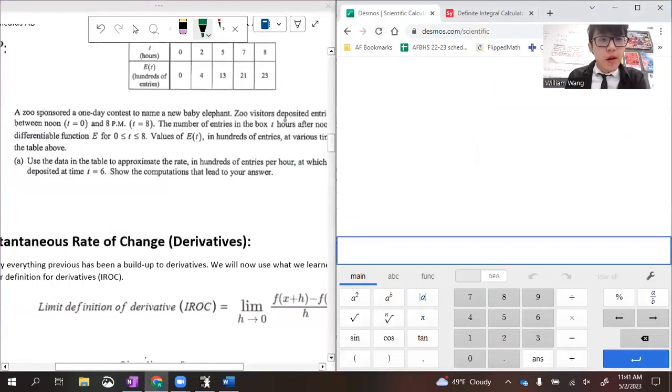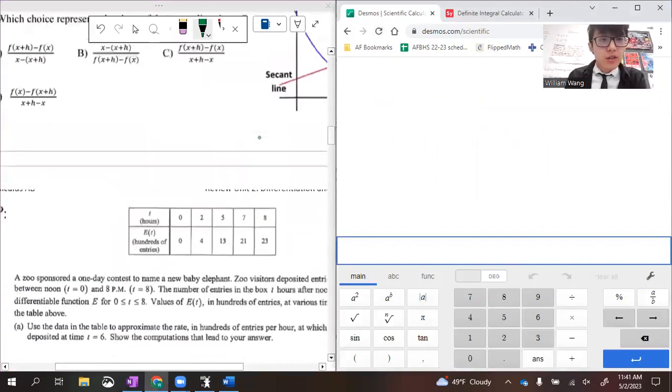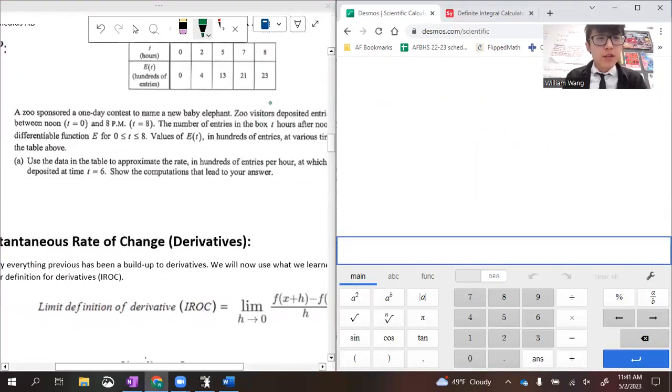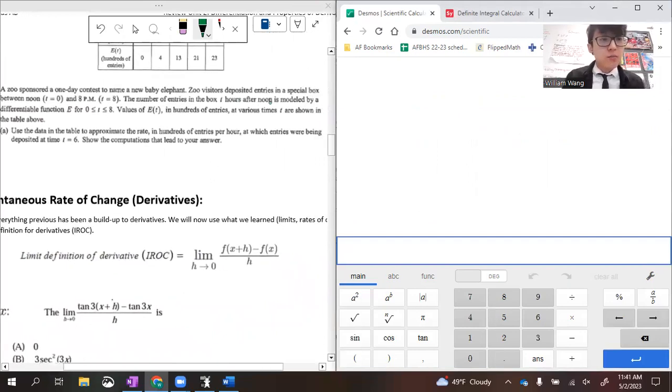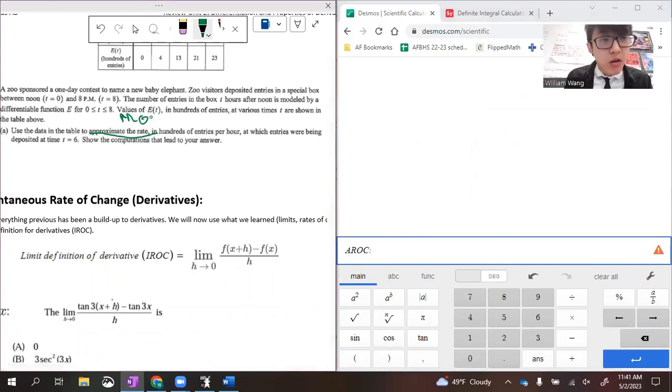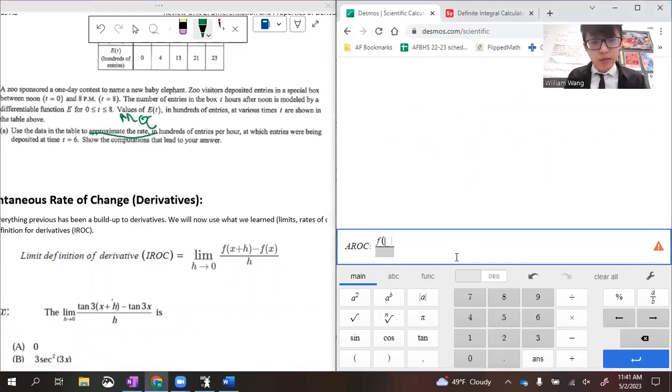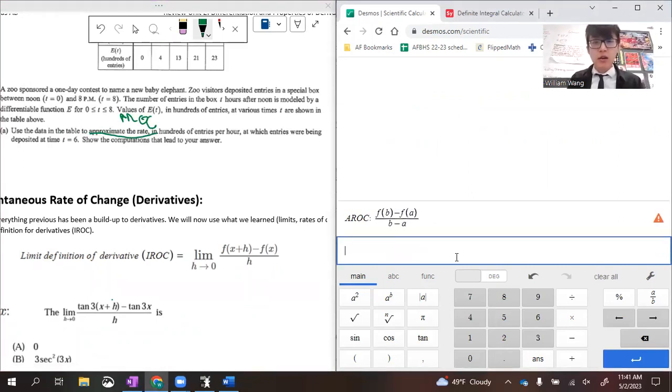Cool. So our next question concerns the average rate of change. So a zoo, you can read the question right here. So average rate of change, usually when they ask us to approximate the rate, that's an average rate of change question, AROC. So average rate of change, the equation for that is f of b minus f of a over b minus a.